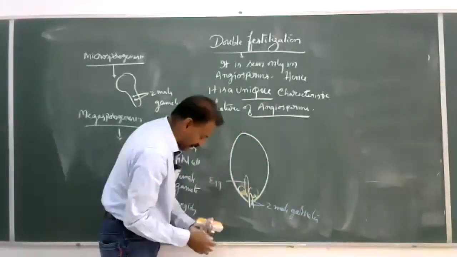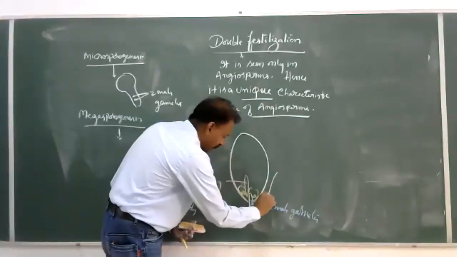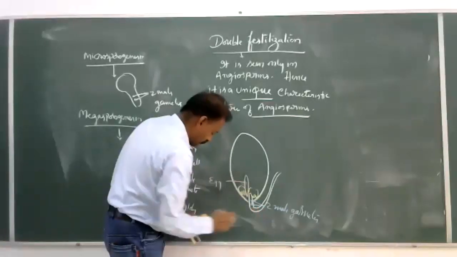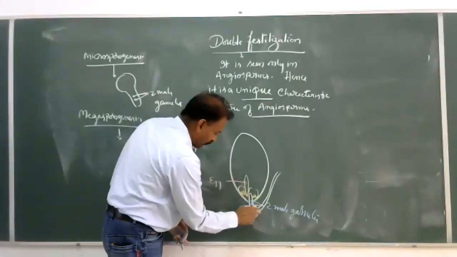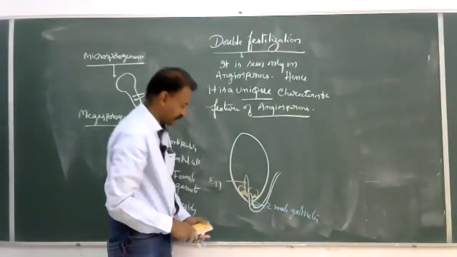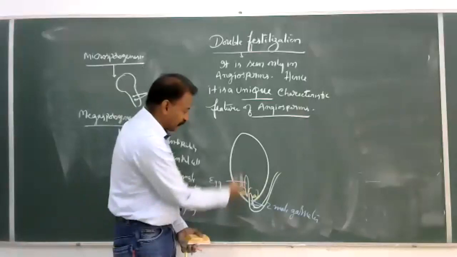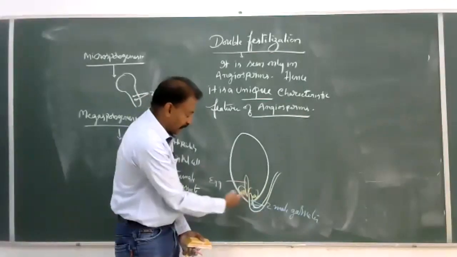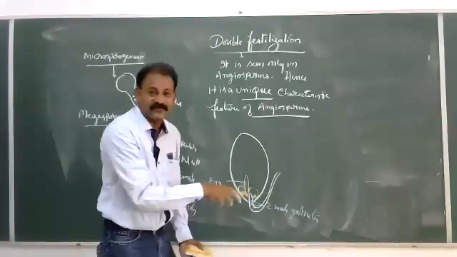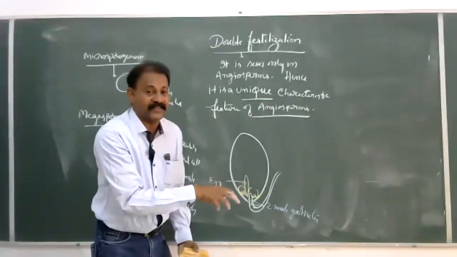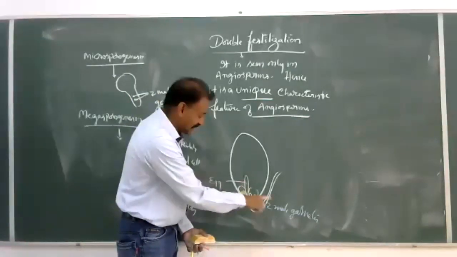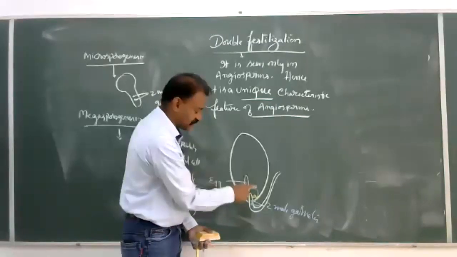A pollen tube consists of two male gametes, and it enters into the embryo sac through one of the synergids. Why? Synergids produce chemical substances, in the form of the filiform apparatus, finger-like projections at the micropylar region. Hence, it enters only one of the two synergids.